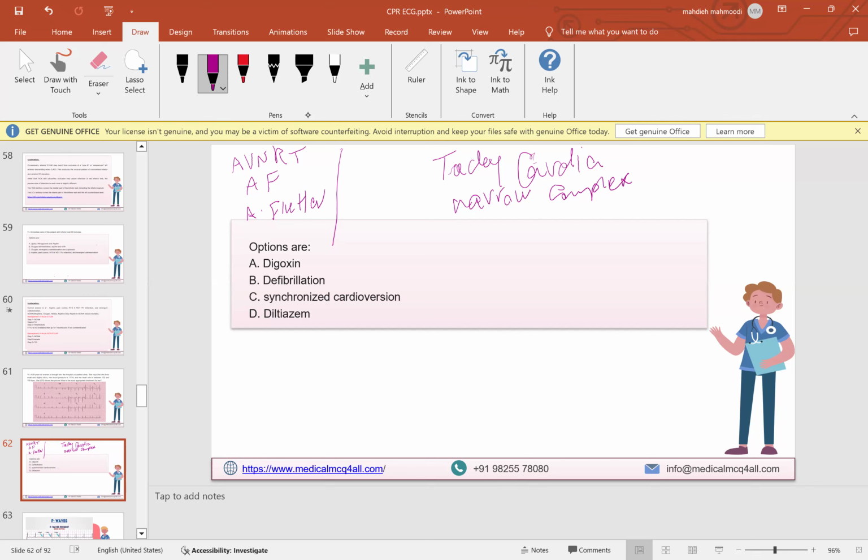Here's the thing. The first question, whenever you see a narrow complex tachycardia, is this: is the patient stable? Yes or no?